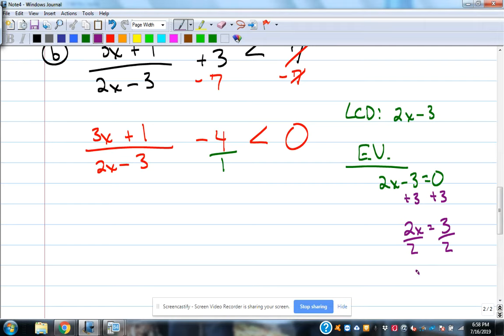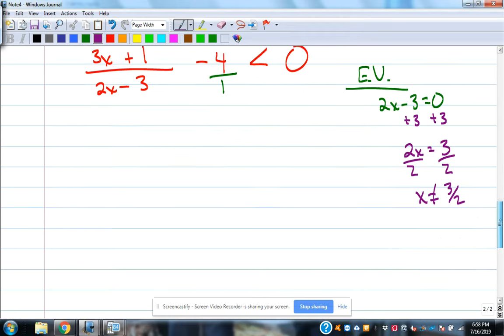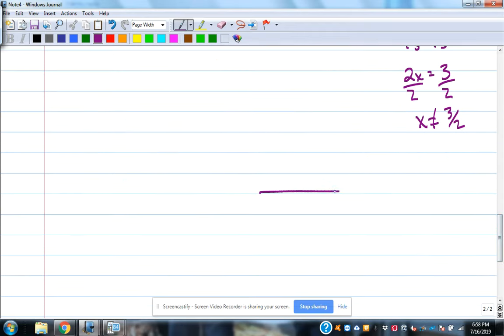Divided by 2. X cannot be 3 over 2. So we know when we set up our number line to do this, a 3 over 2 is going to be on there somewhere. I know what else comes, but I know it's going to be there. So I know a 3 over 2 is going to have an open circle on it because it can never be there. Can't be that answer.